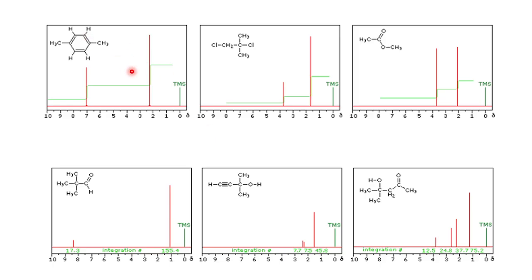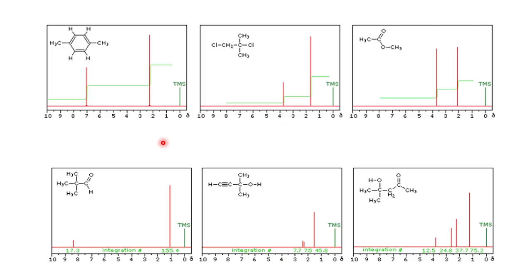Now how will you get the data? For example, if it is xylene, you will get two different peaks. Here is the TMS, that is the reference sample, and the difference from your standard is represented here.